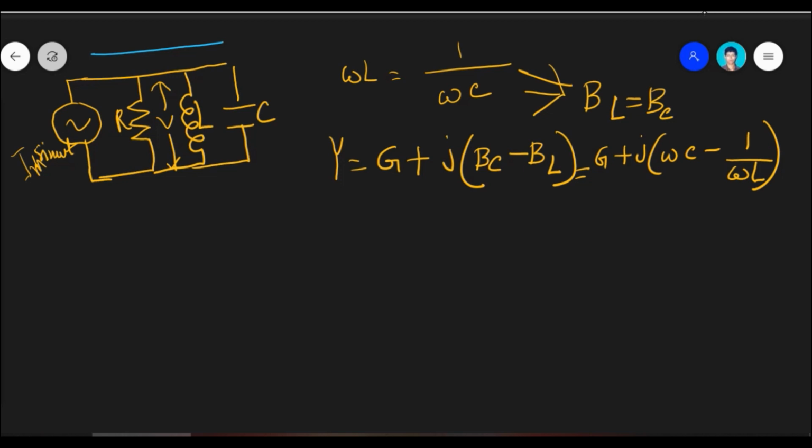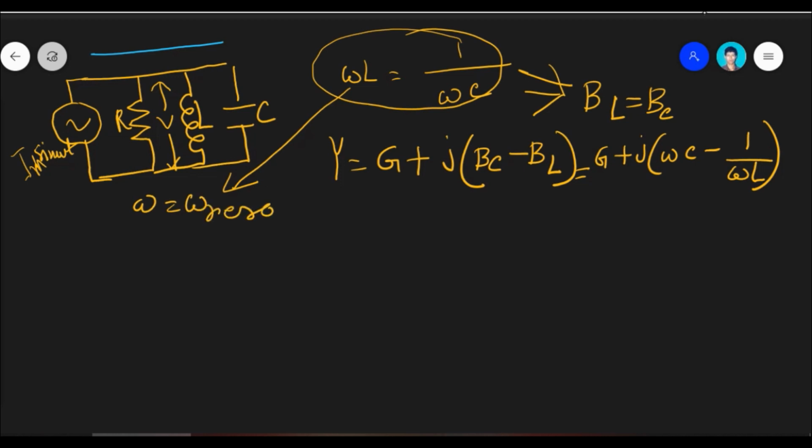At a particular frequency, omega equal to omega resonance, V will become R into Im sin omega t, and undoubtedly that is the maximum value of voltage that we can achieve across this circuit. Mind it, that is the maximum value of voltage we can achieve across this circuit.